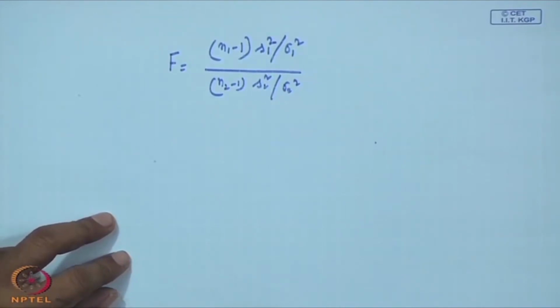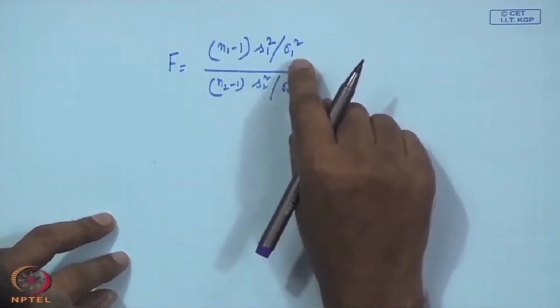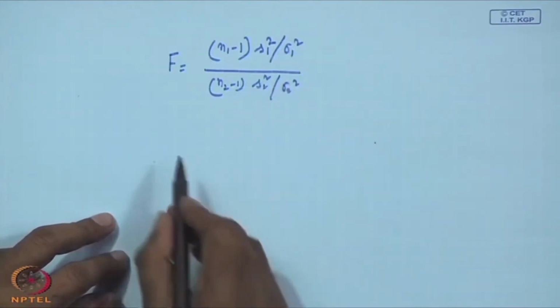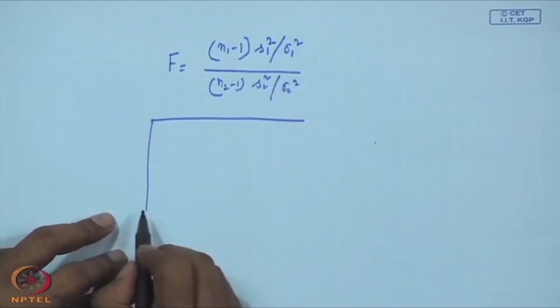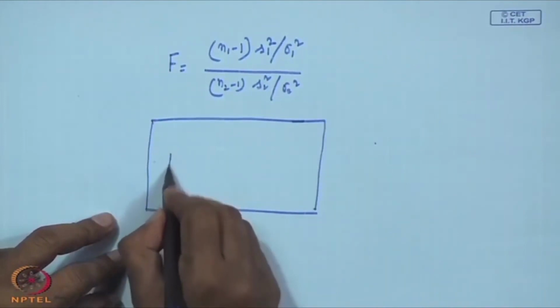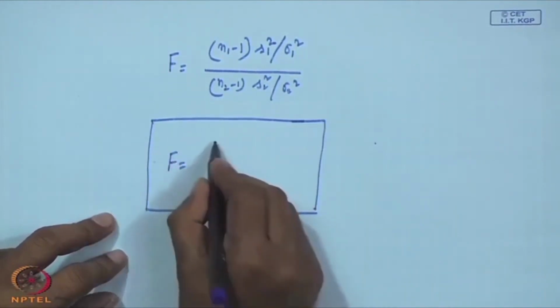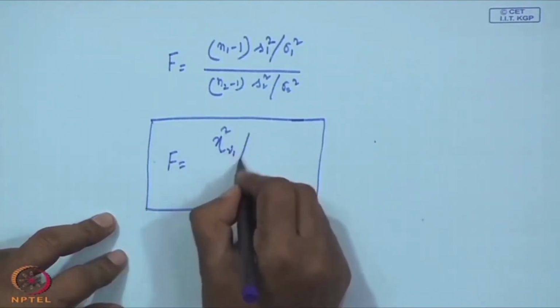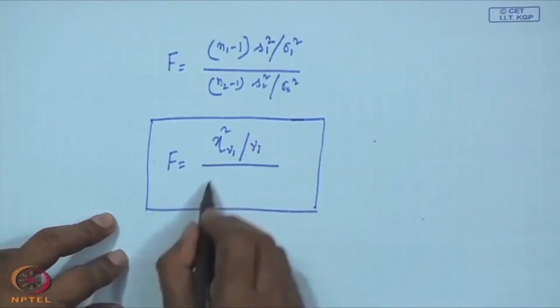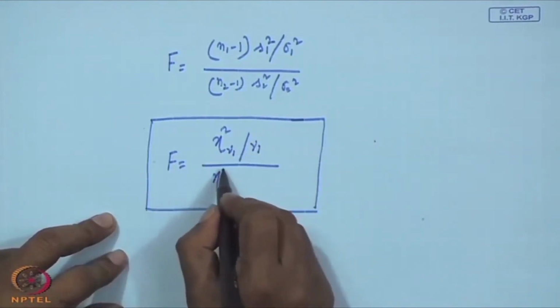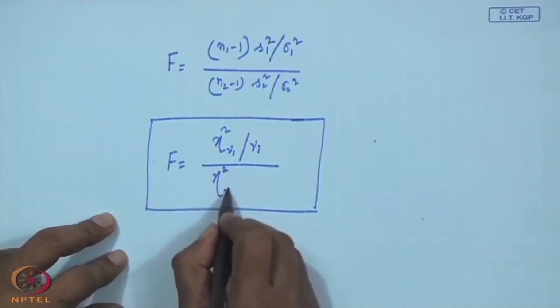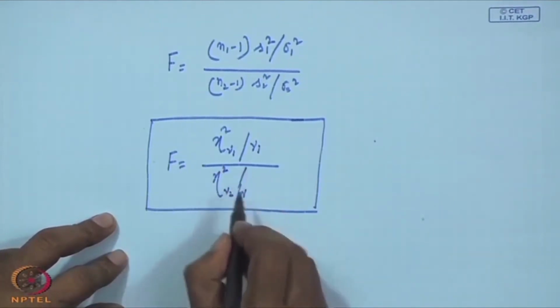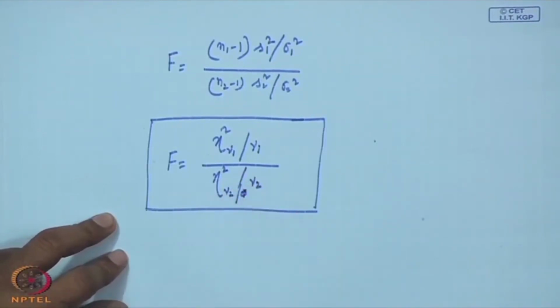Okay. We can create like this, but what we said earlier for the F distribution: F is the ratio of two chi-square variables, the numerator chi-square with nu 1 degrees of freedom divided by nu 1, followed by the denominator chi-square with nu 2 degrees of freedom divided by nu 2.